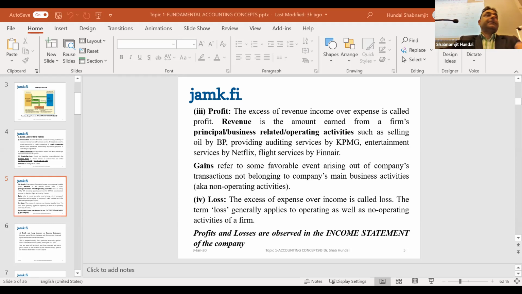Successful in what sense? In terms of its operations. If operations are successful, you will have profits. If operations are unsuccessful, you will have losses. So first of all, let's check if the company is having success or a failure.